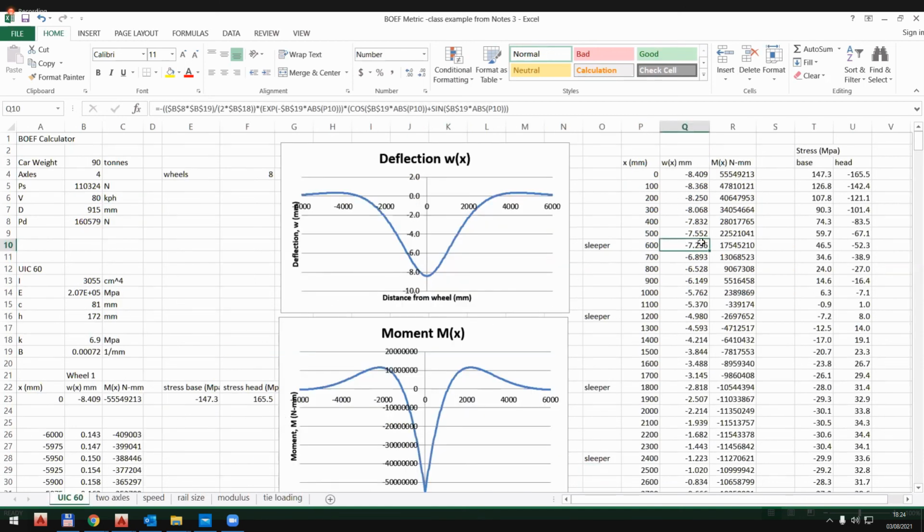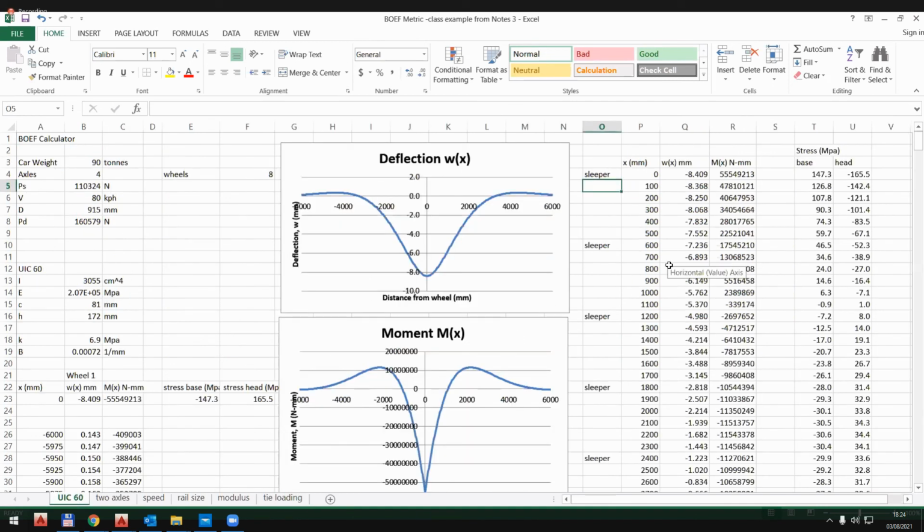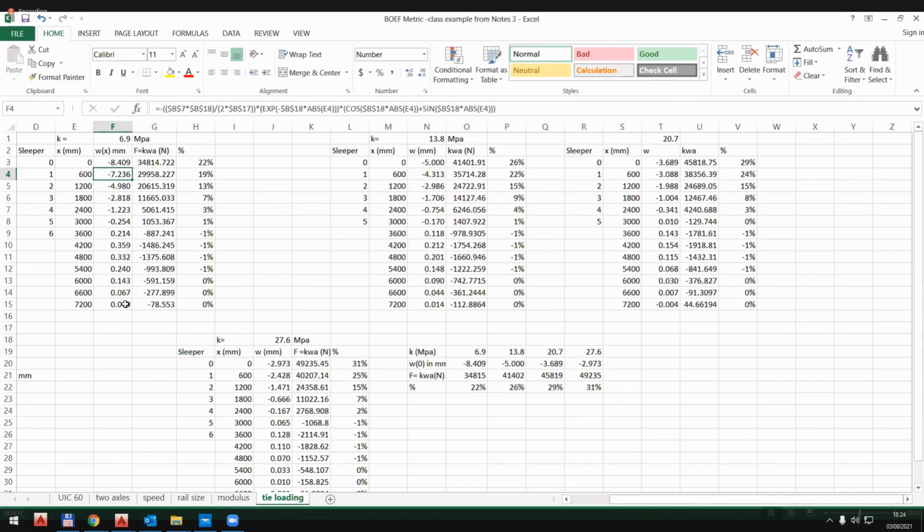Of course, there's a sleeper under the wheel as well. So this is sleeper 0, which is under the wheel. This is sleeper 1. Minus 7.2 millimeters, etc. So this is exactly the same as we calculated over here.